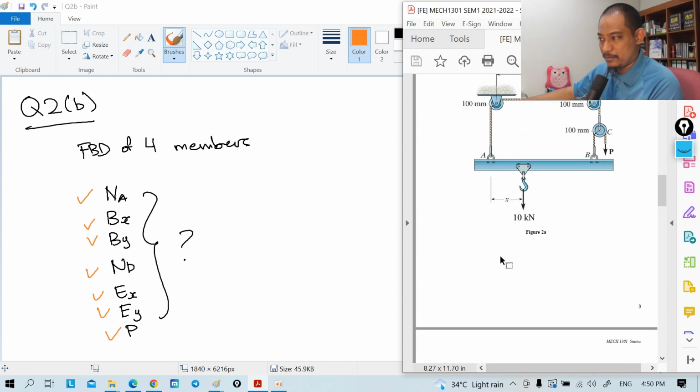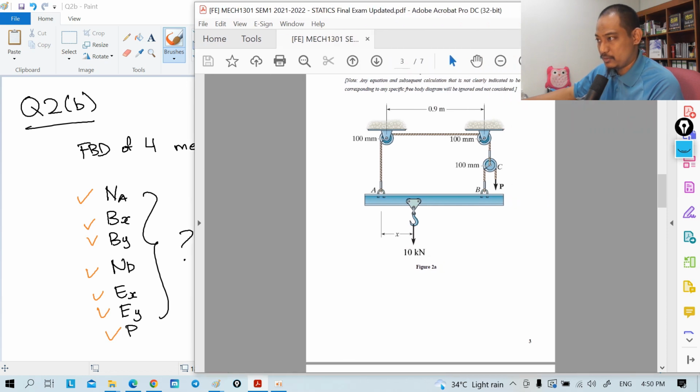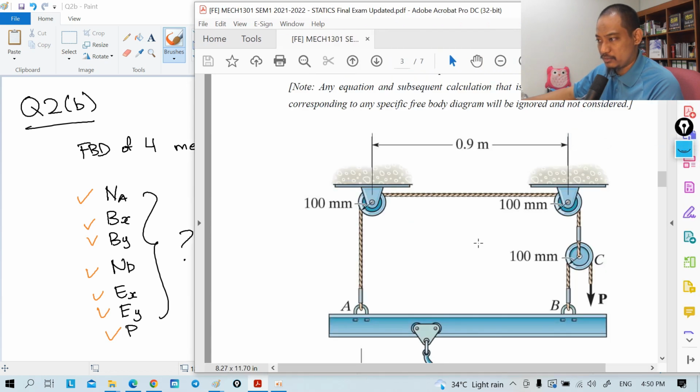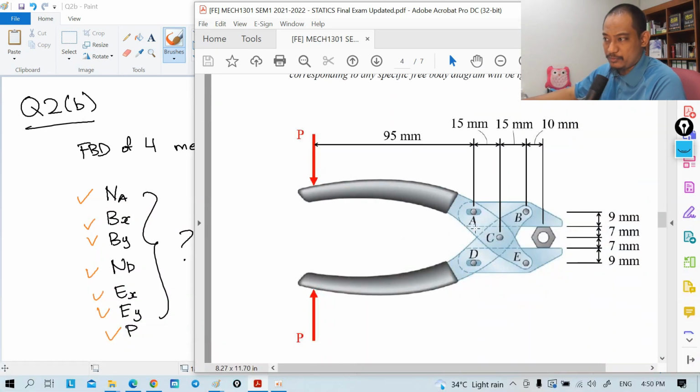And actually, if you have covered many exam questions, you will notice that for frames or machines like this, if you know how to answer it, it doesn't take too much time.